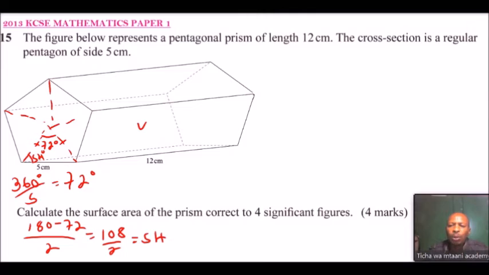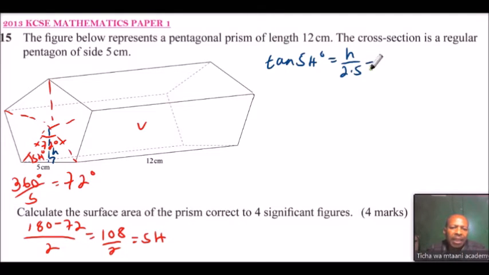So we need to drop a perpendicular here so that we are able to get the area of this triangle here. If we call that h the height, we can say the tangent of angle 54, this is the opposite, which is the height, divided by the adjacent, and the base is 5, so this side is 2.5, half of it.